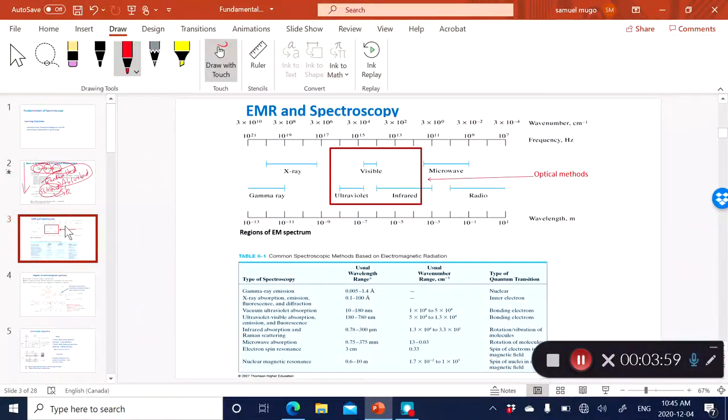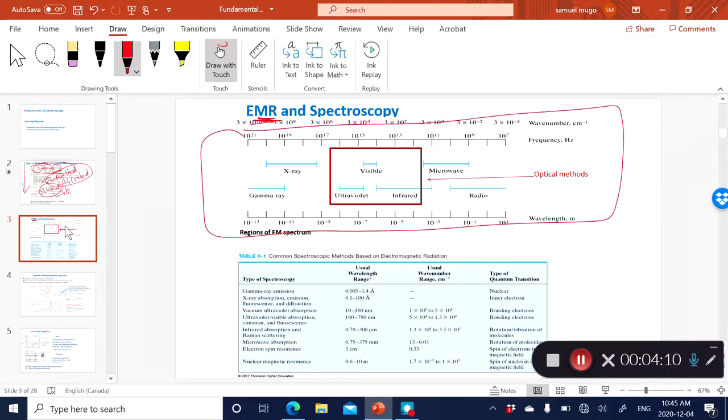Now, of course, in spectroscopy, the energy source, as I have said, is electromagnetic radiation, or light. Now, remember, light is a continuum of different energies of electromagnetic radiation. Of course, you've got different types of these radiations, such as the gamma rays.